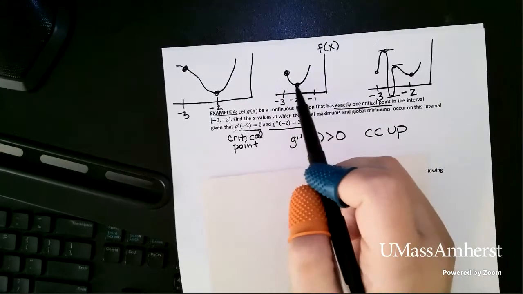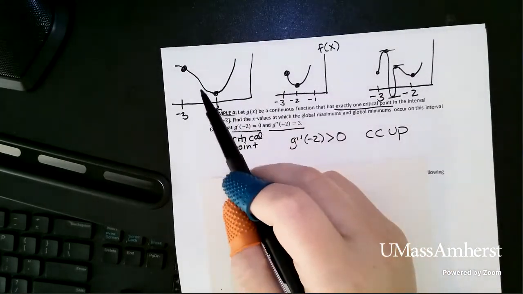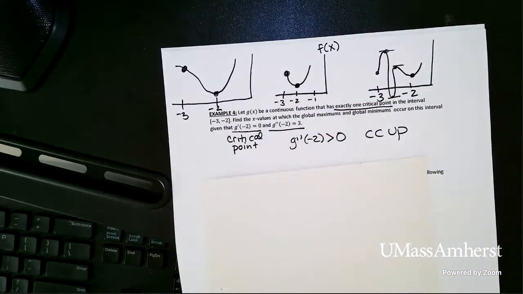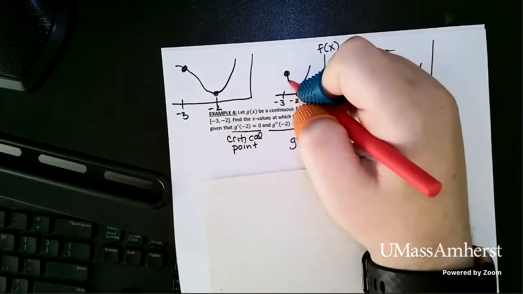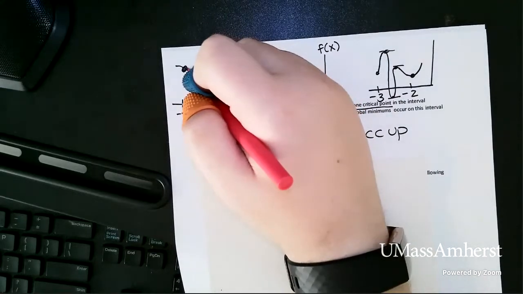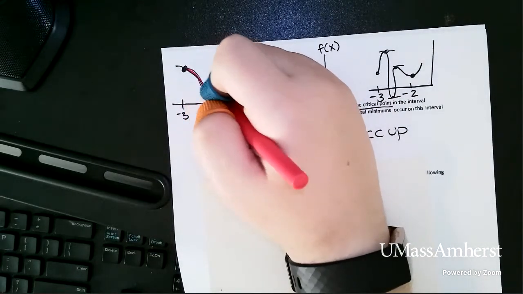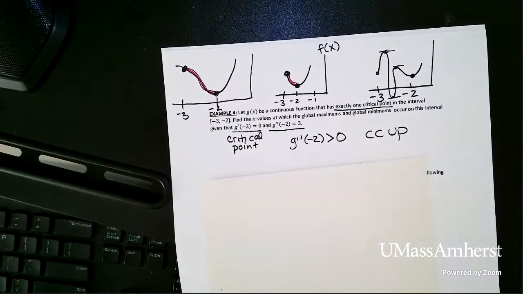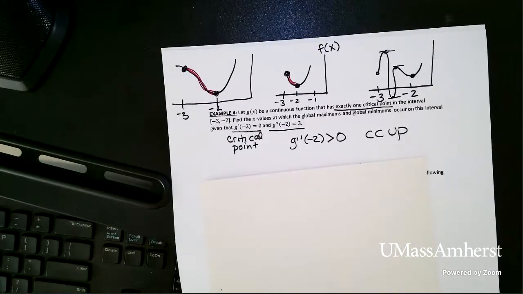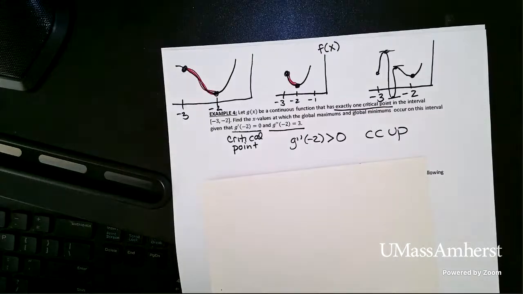So it could look like this, or it could look like this where it changes concavity. But in both cases, if we are just considering the interval from -2 to -3, this part here, this part here, the highest point happens at -3 and the lowest point happens at -2.